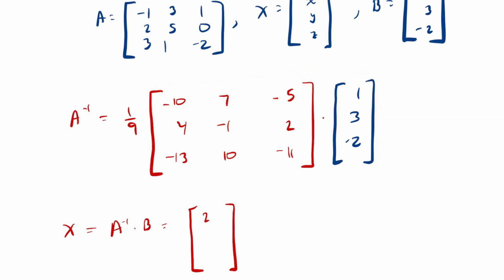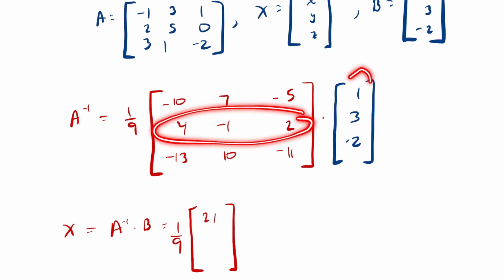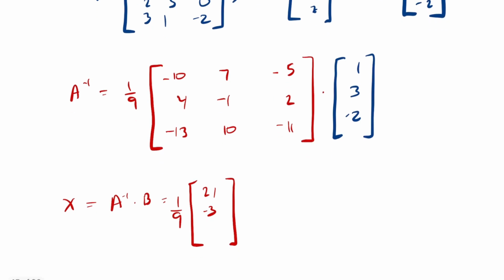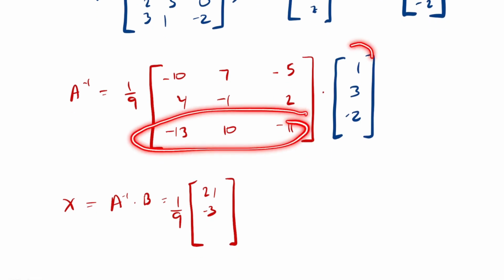It's going to be 4 minus 3 minus 4, which is -3. The last one is going to be -13 plus 30 plus 22. So what was it?